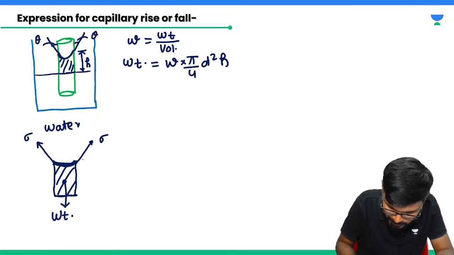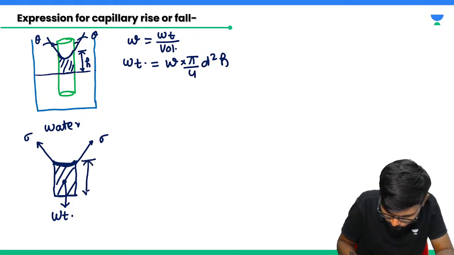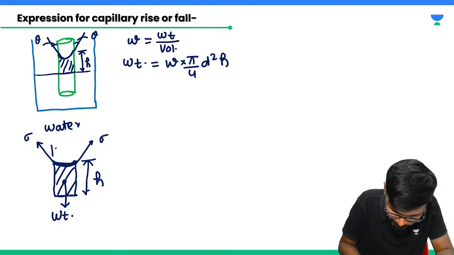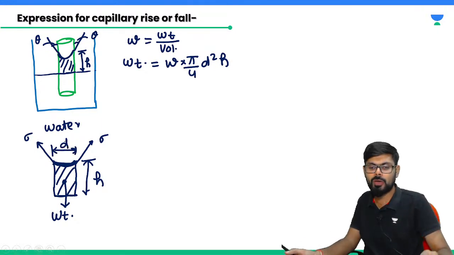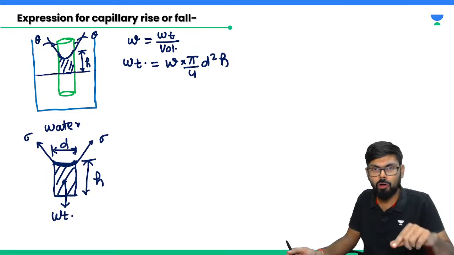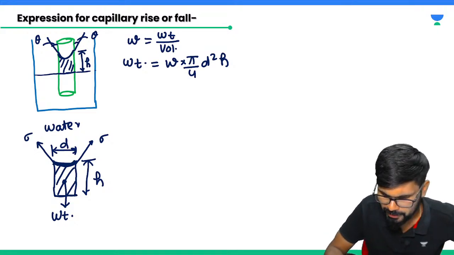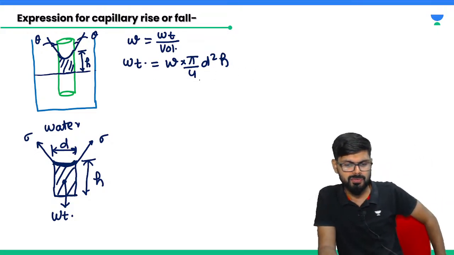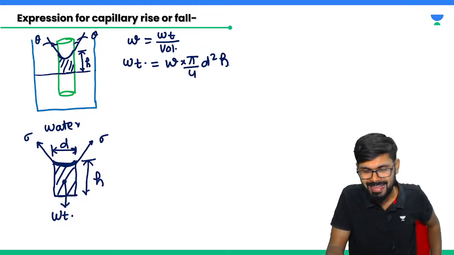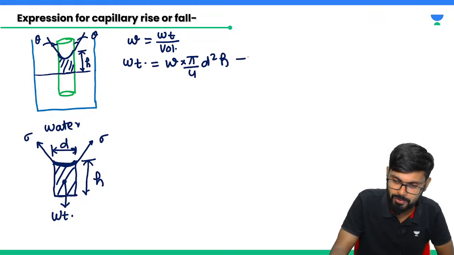Here the height is h and the tube diameter is small d, so pi by 4 d square into h is the volume. The meniscus shape is negligibly small, so we are not considering it. So weight is equal to specific weight into pi by 4 d square into h. This is equation number 1.